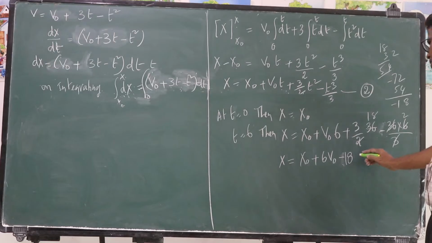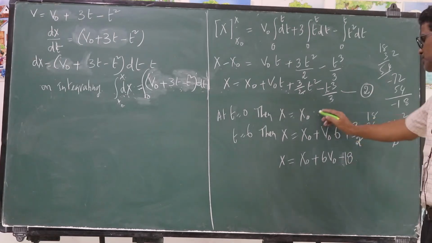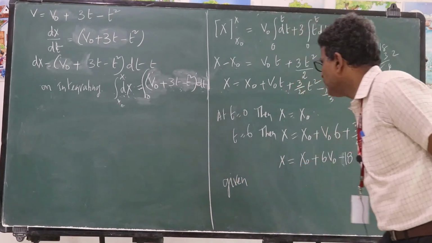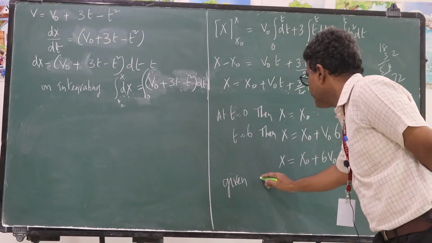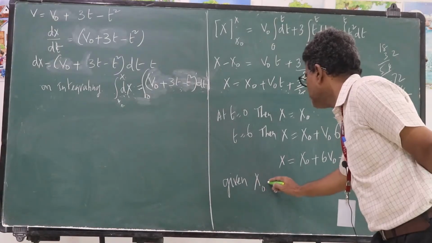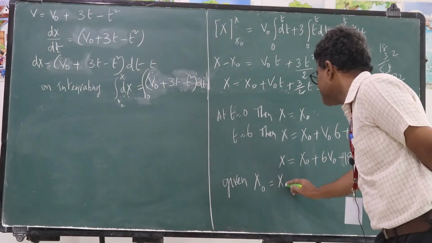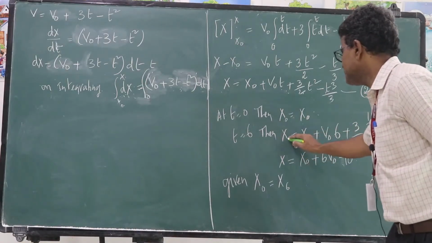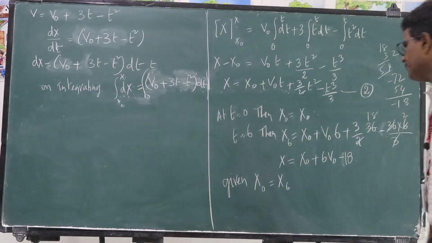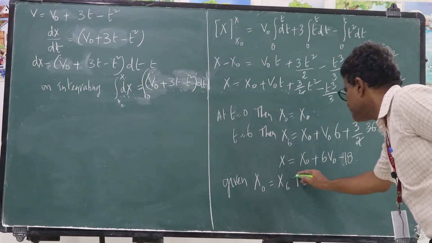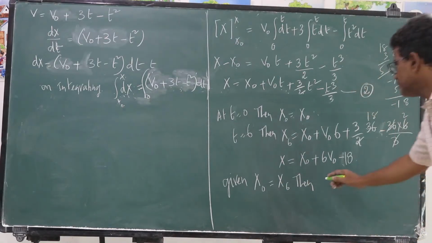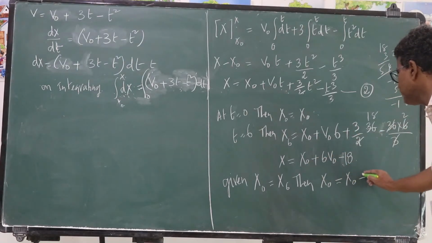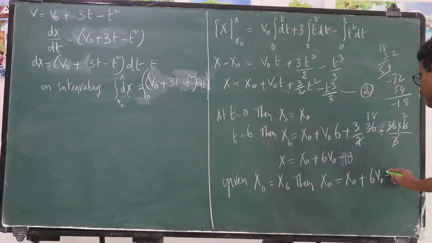So these two are equal. What is given? Given x of 0 is equal to x of 6. This is x of 0, this is x of 6. Both are equal, so you equate these two. What will you get? x naught is equal to x naught plus 6 v naught minus 18.